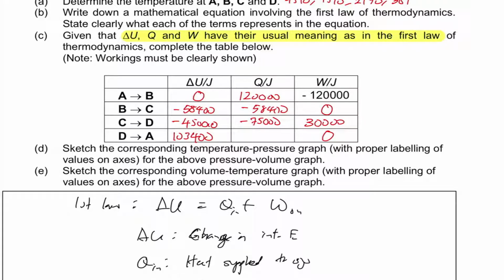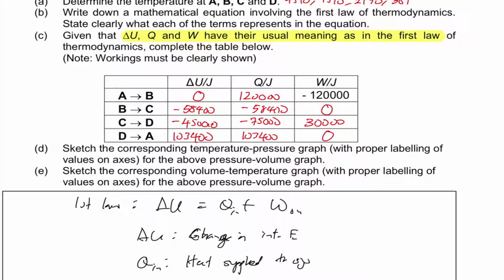Alright, then on top here, the last one will just be 103,400, because the work done is 0. So 0 plus 103,400 equals 103,400. Alright, so this is it. Yeah, it's a bit more complex, but you realize that most of the thermodynamics first law questions are like that.